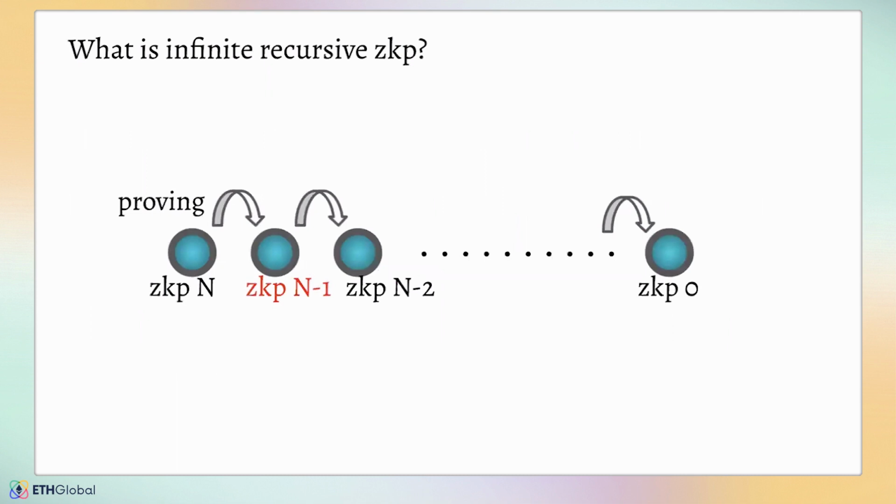What is infinite recursive ZKP? Recursive ZKP is a ZKP verifying another ZKP proof. Infinite recursive ZKP repeats this process unlimited times, unlike usual recursive ZKP.